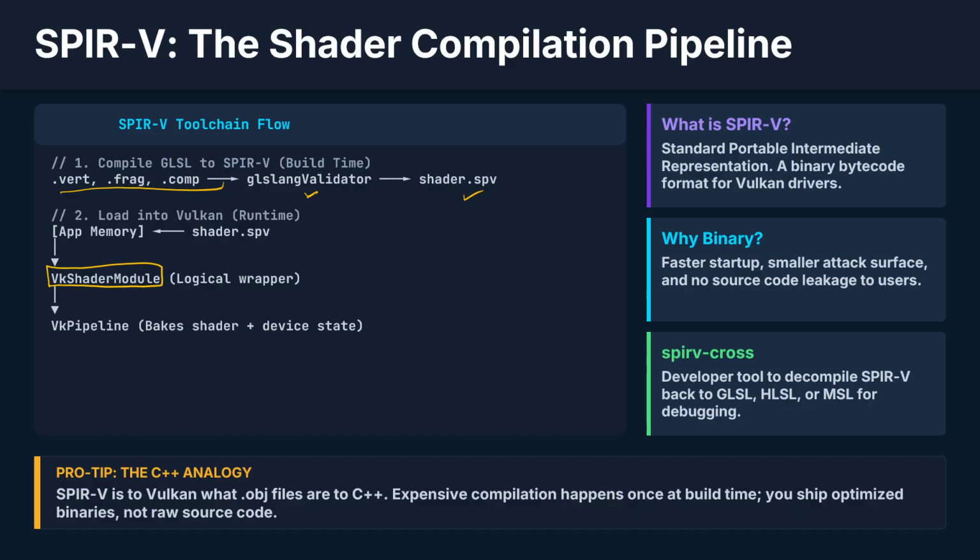Then this shader module is fed into the VkPipeline, which is the graphics pipeline, compute pipeline, or any other pipeline. What it does is bake your shaders and create the pipeline, based on various pipeline states that we will see later.